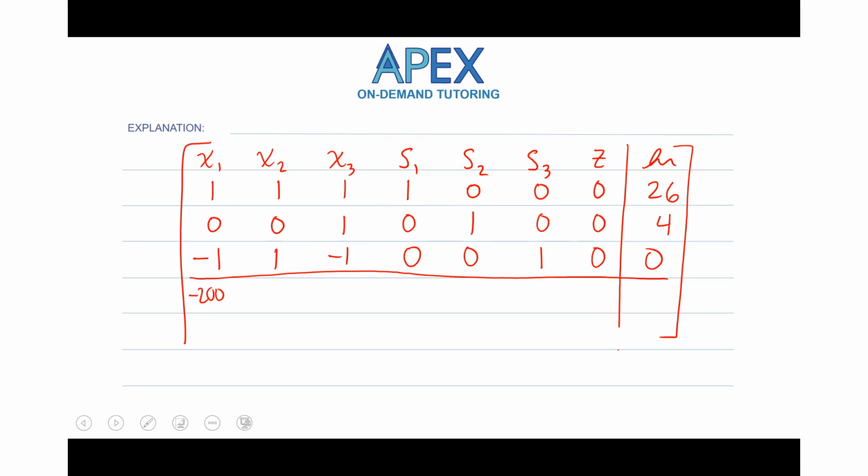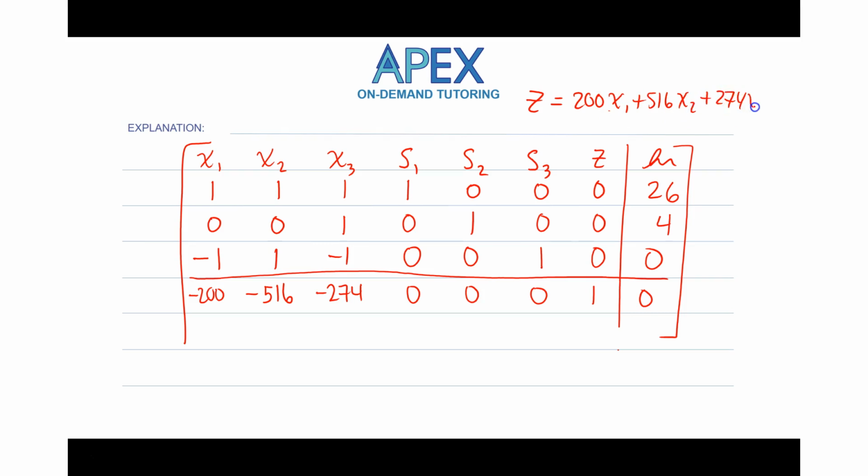For our cost maximizing function, or to maximize our calories rather, I'm putting negative signs because essentially what I'm doing is rewriting z equals 200x1 plus 516x2 plus 274x3.